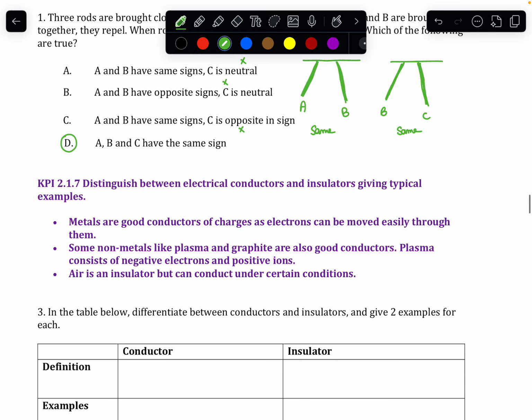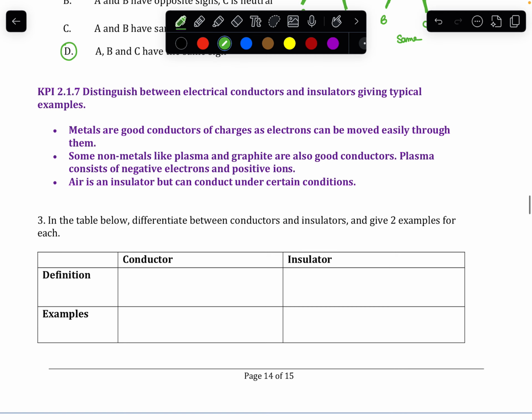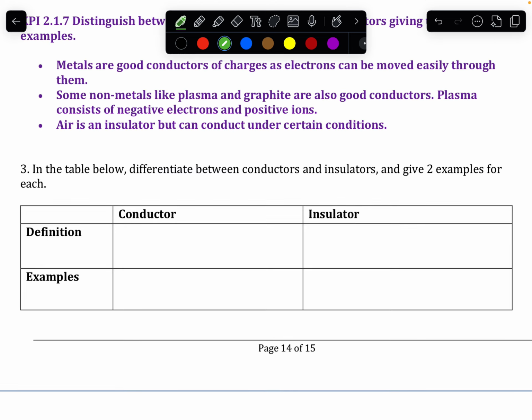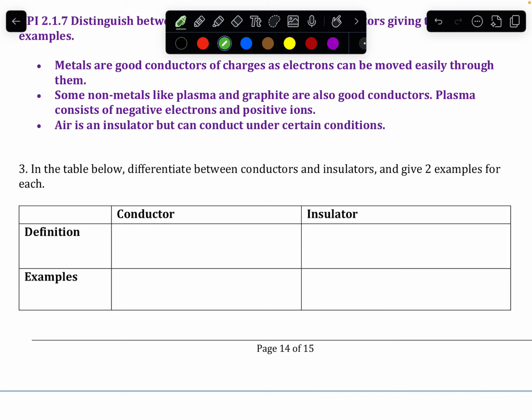Next, distinguish between electrical conductors and insulators, giving typical examples. In the table below, differentiate between conductors and insulators and give two examples. First, let's start with examples of conductors.